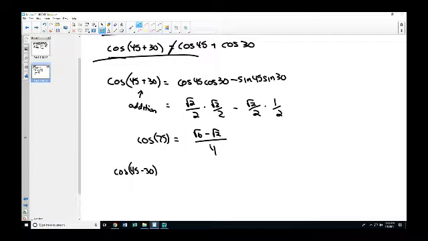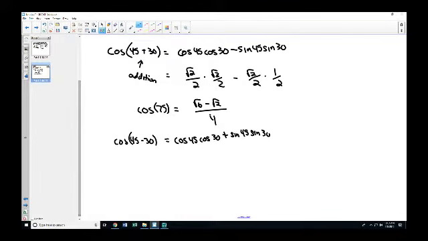The only difference between this one and that one is the plus sign. So this is cosine 45 cosine 30 plus, sine 45 sine 30. It's the only difference: change the sign.